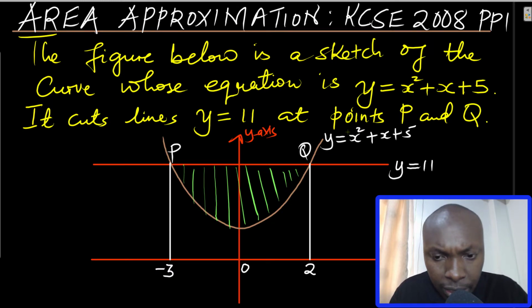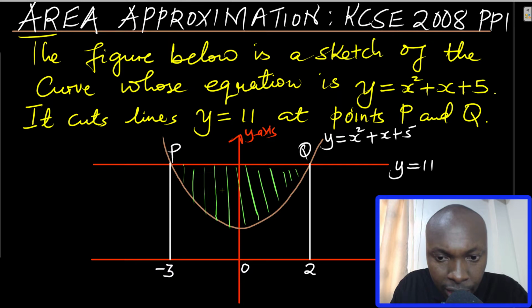Now, to get that area, there are two things that you need to do. You need to get the area under this line y is equals to 11 between -3 and 2. Then you subtract the area under the curve between x is equals to -3 and x is equals to 2. I repeat that again.